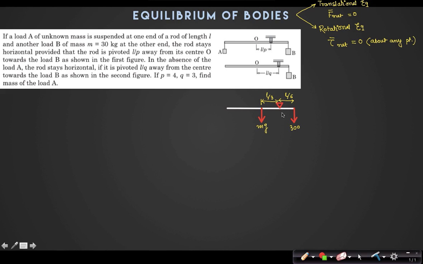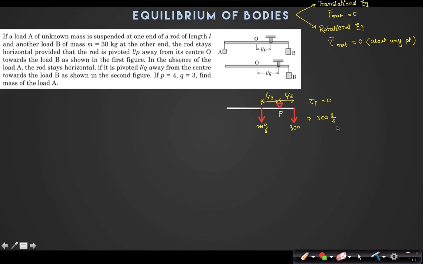I will take torque about this point, the pivot point P. Torque about P should be 0. What is the torque of this 300 Newton about point P? So 300 times L by 6, and that's into the plane of paper. And what is the torque of this mg?